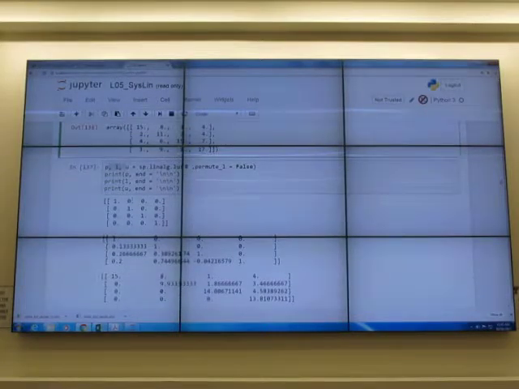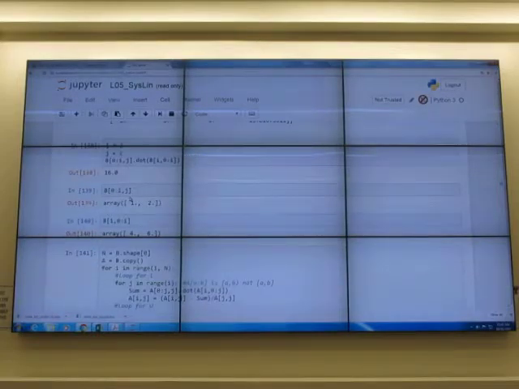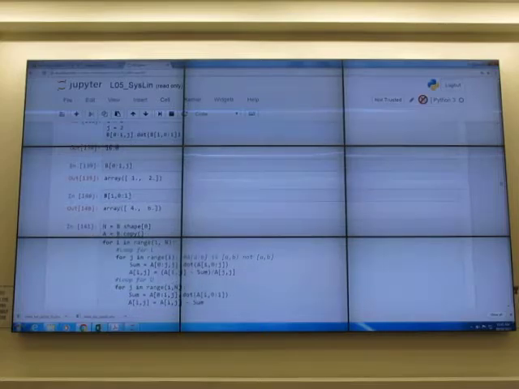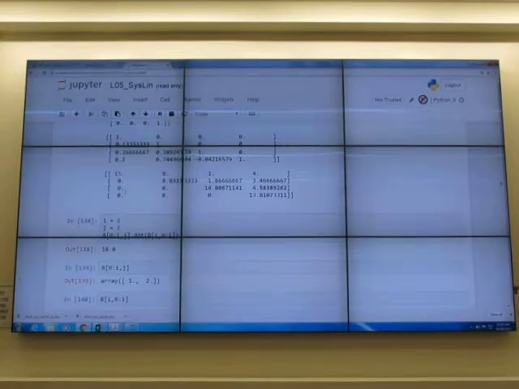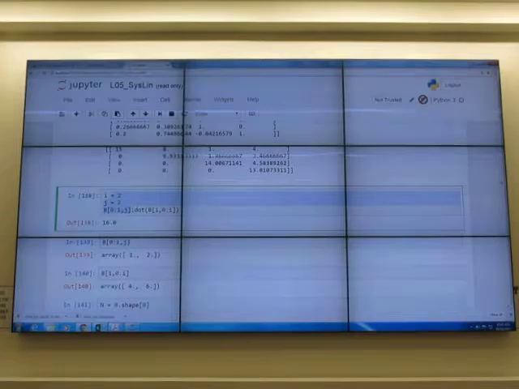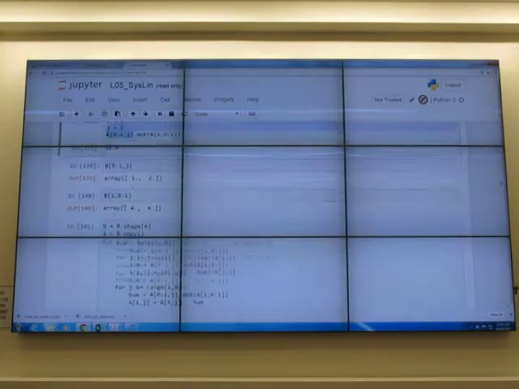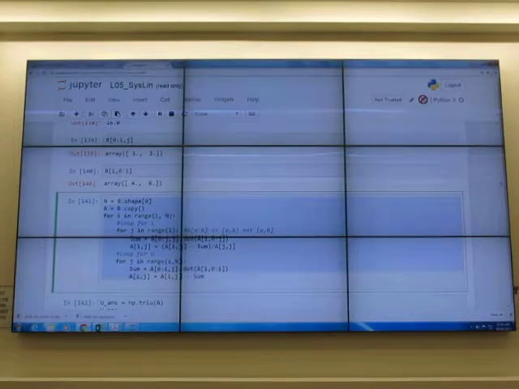So PLU is to do LU decomposition. And okay, once I do LU decomposition, see this part, I tried it step by step, but you don't have to worry about it. The whole code is here. This is doing LU decomposition.